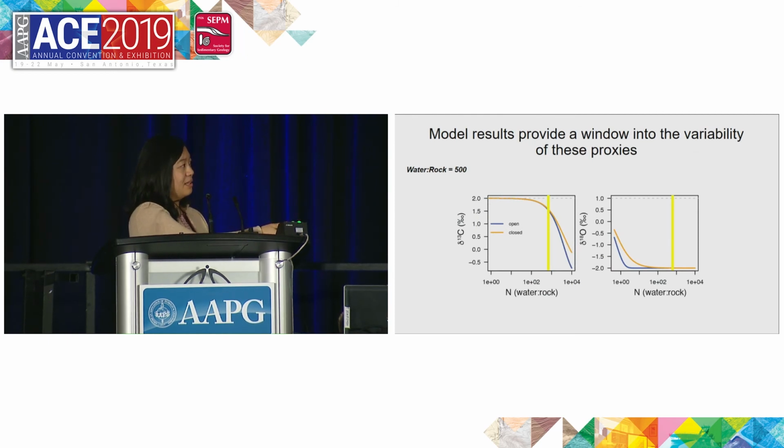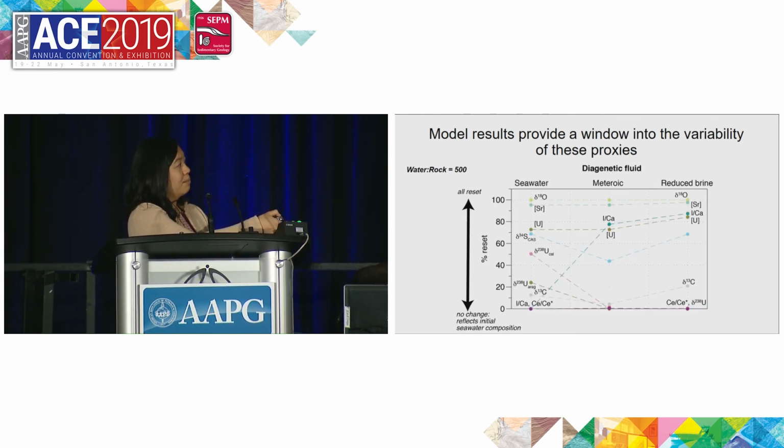So in order to make a better comparison, I'm going to take a snapshot of each of these model results. So I'm looking at the data at a water-rock mass ratio of 500. So for example, at that point, 100% of oxygen isotopes are reset, whereas for carbon, it's about 10%. So we can plot all of our geochemical proxies of interest here, where again, 0% is no resetting, 100% is all resetting.